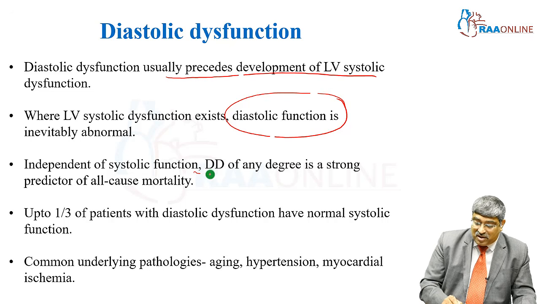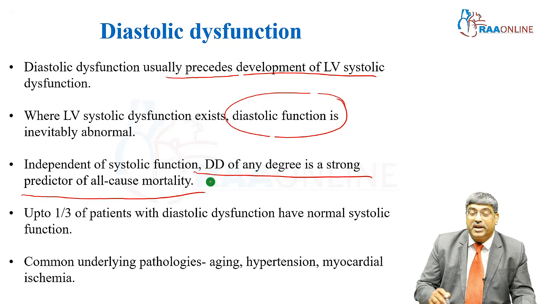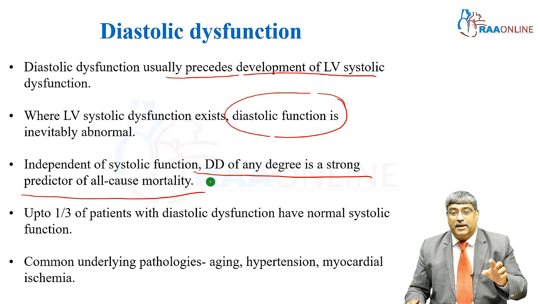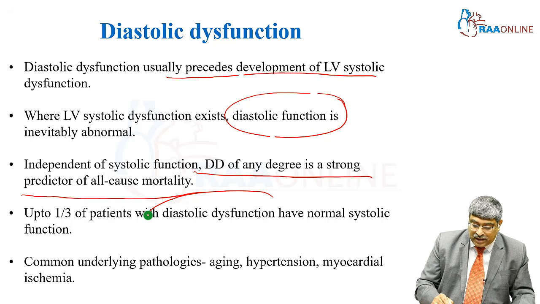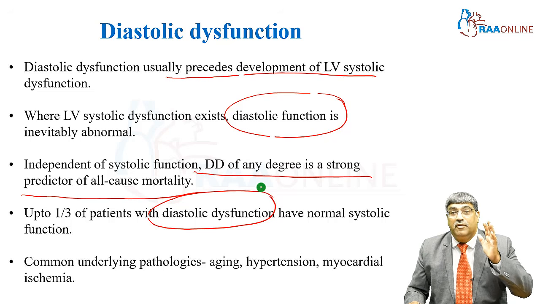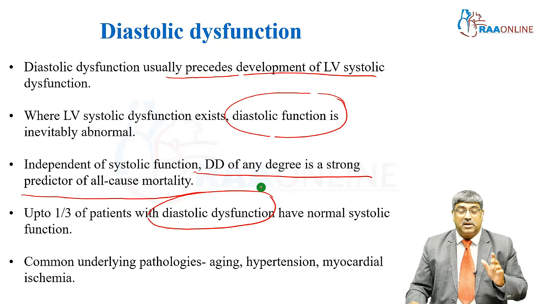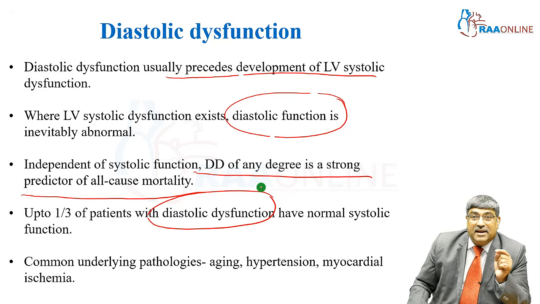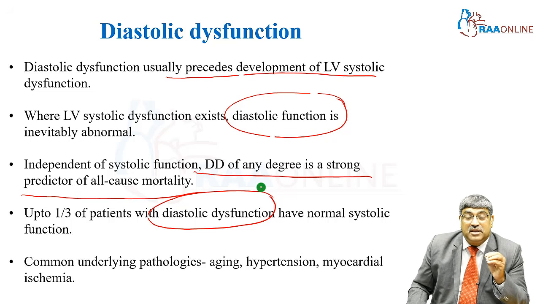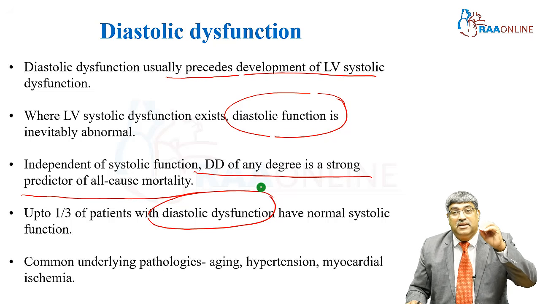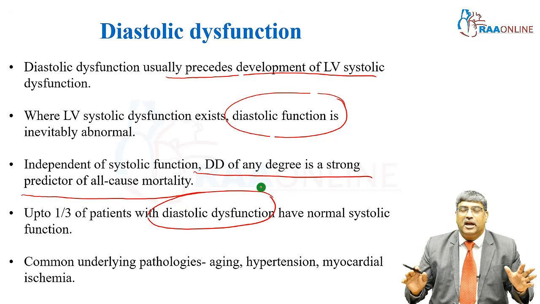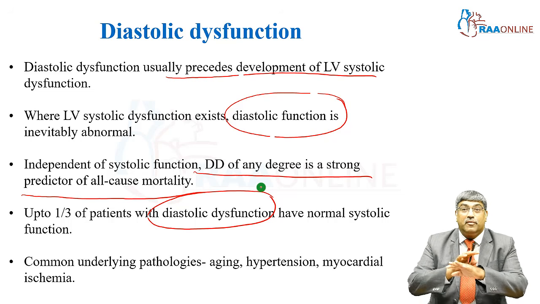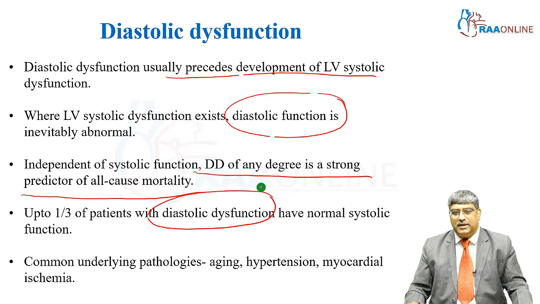Diastolic dysfunction is a strong predictor for all-cause mortality, and up to one third of patients who have diastolic dysfunction can have normal systolic function. Also, you have to understand that diastolic dysfunction is more difficult to treat than systolic dysfunction, and it can cause refractory hypotension in the perioperative period which won't respond to any treatment.